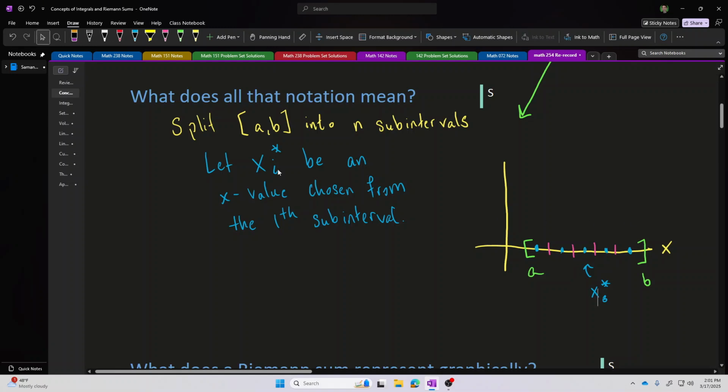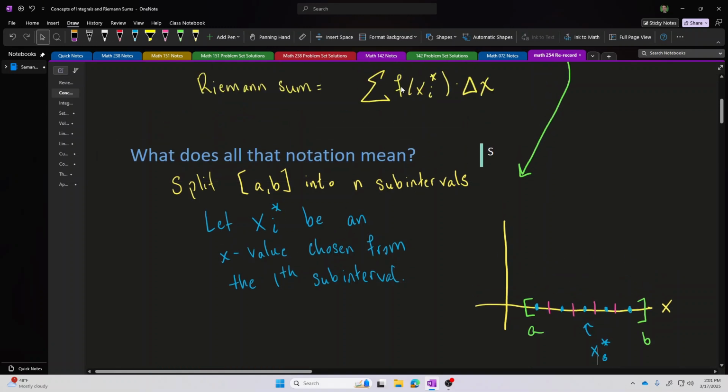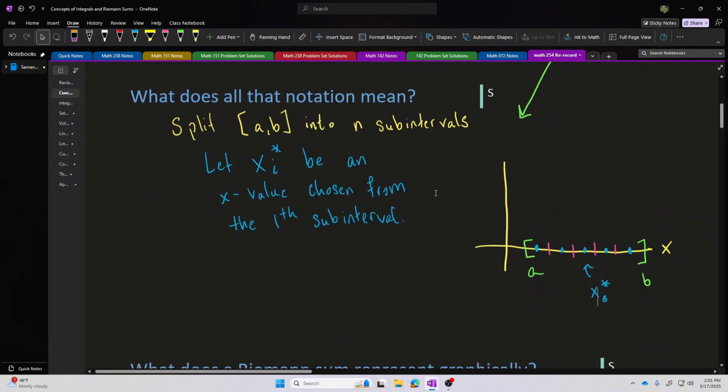Now, when that xi star gets plugged into the function f, that is getting the corresponding output for each of these chosen x values.